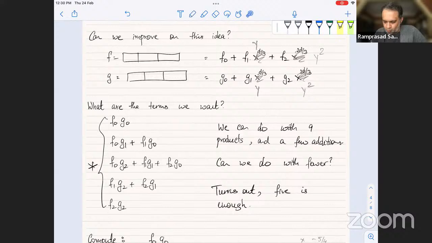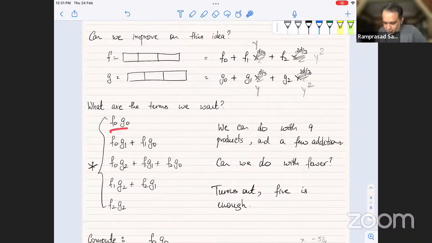Okay, what are the terms that we are interested in? We basically said, let's multiply these two polynomials together. This is a quadratic polynomial in y. This is another quadratic polynomial in y. So when I multiply them together, I will get some degree 4 polynomial in y. The 5 terms that are there in the degree 4 polynomial are what is written here.